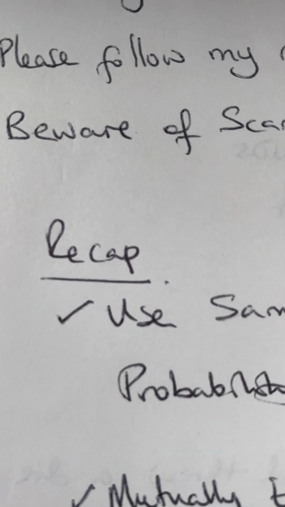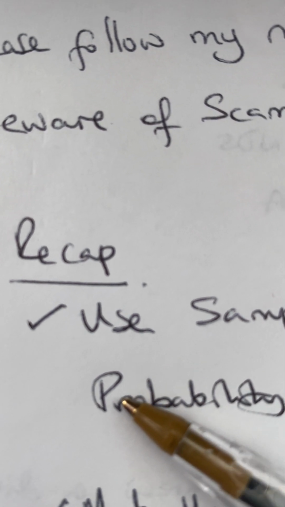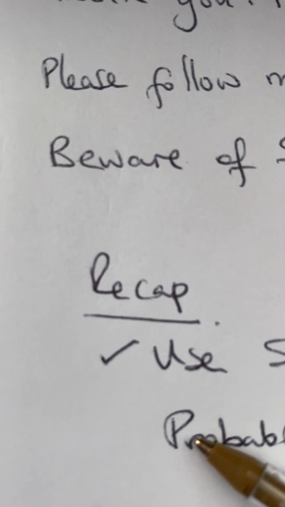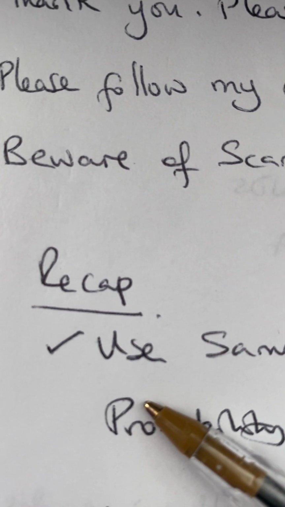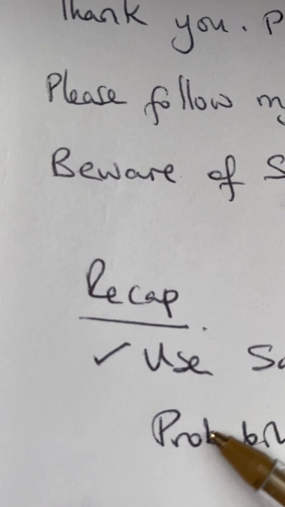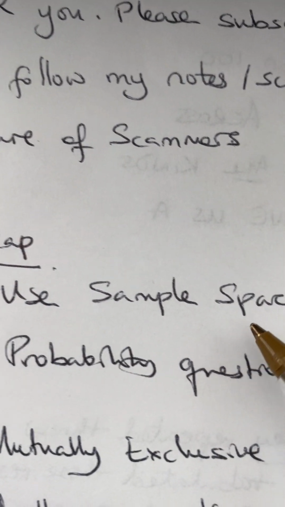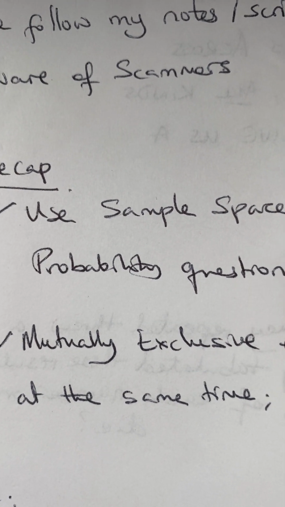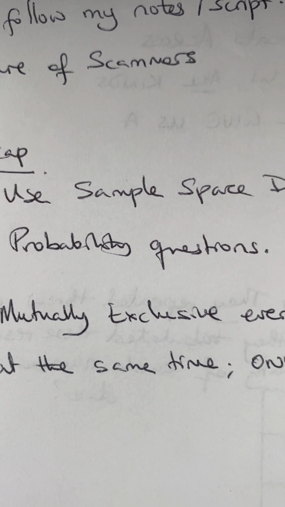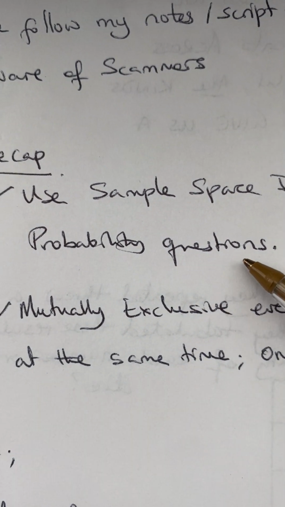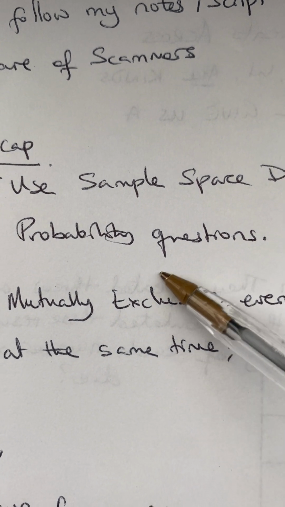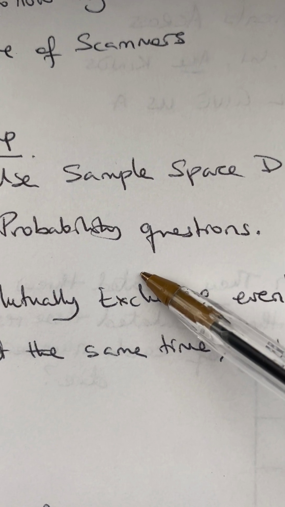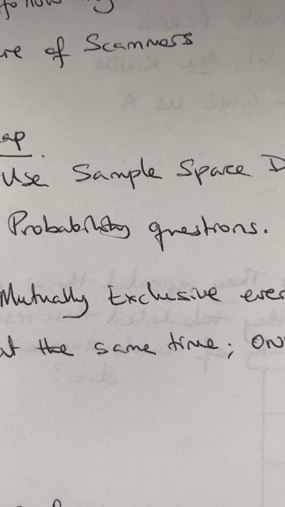Now, a quick recap. We did probability earlier on in our videos, and then we started again a few lessons back. We use sample space diagrams to solve probability questions. I showed you how to do these and how to use them, like two coins, a coin and a die, and two dice.